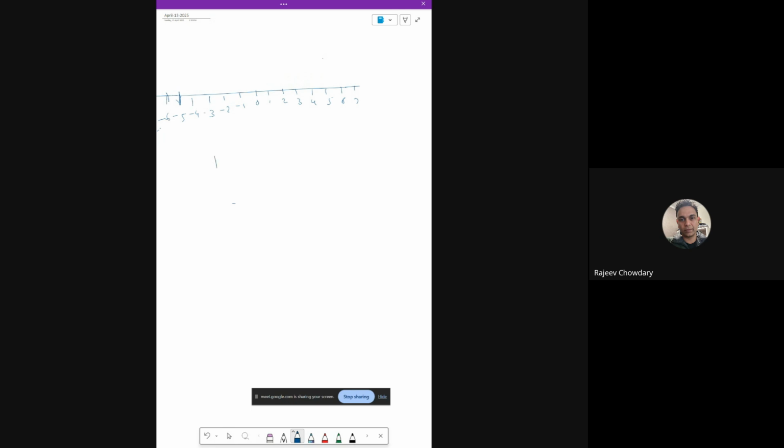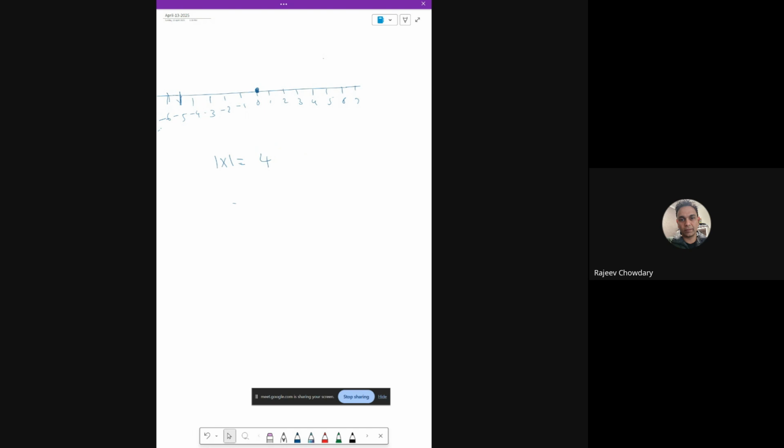Now, if I say mod x, that is the distance from 0, or this part from the center, is, let's say, 4. What does that mean? Can anybody tell me? Absolute value is 4.